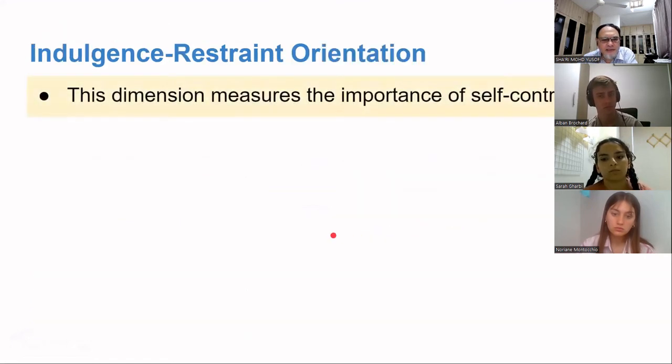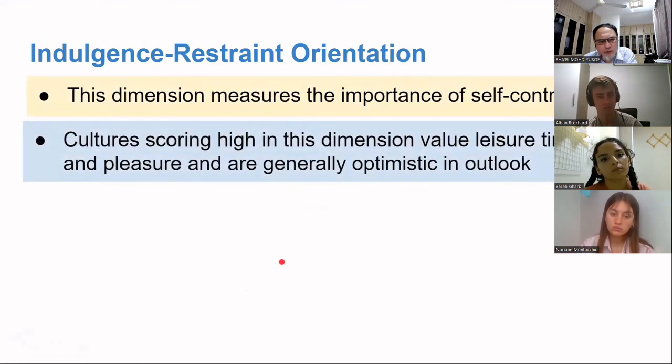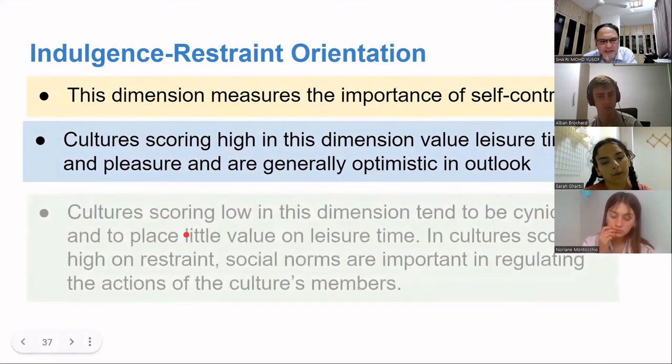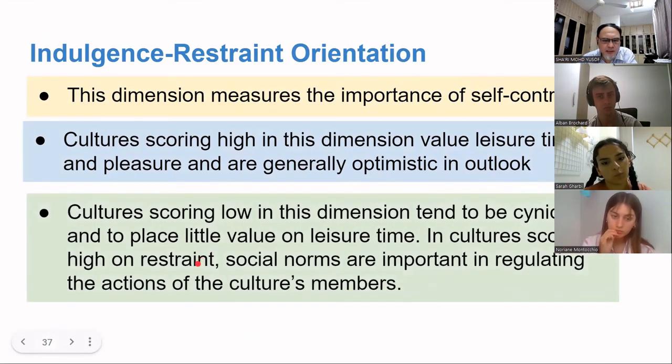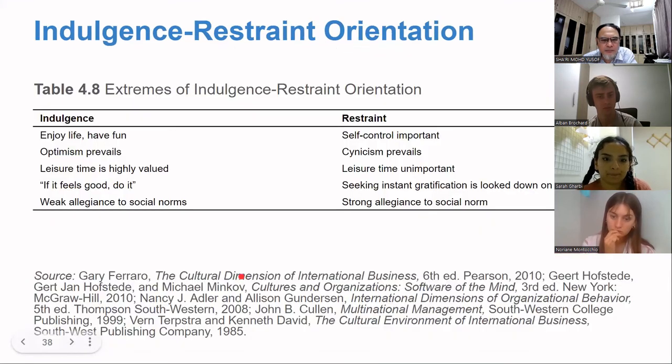And then the indulgent versus restraint orientation. This dimension measures the importance of self-control. If you score high in this dimension, you will value leisure time and pleasure, and be generally optimistic in outlook. Those who score low tend to be cynical and place little value on leisure time. For example, here, indulgence: enjoy life and have fun, optimism, leisure time is highly valued.